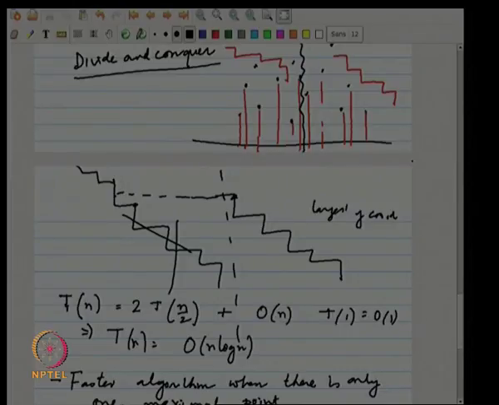Now, instead of actually finding all the maximal points on the left half, which seems like wasted work because some of these points are not maximal in the final output, if I could somehow find a way of filtering them out before I compute them, then I would not have to do it recursively.